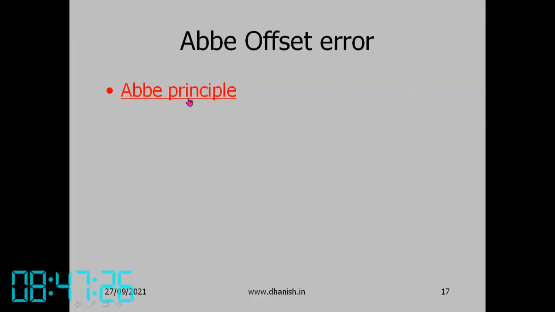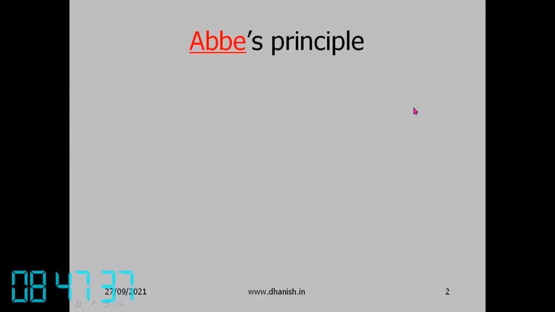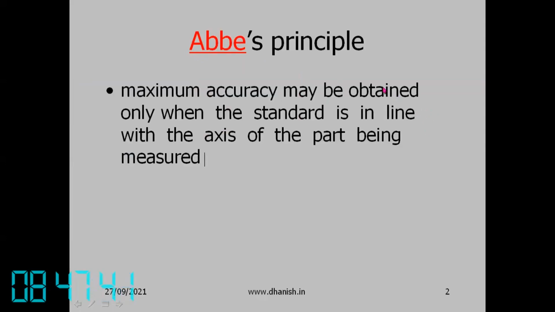So first of all, let us see what is Abbe's principle. This is a principle used for measuring instrument design. According to Abbe's principle, the maximum accuracy may be obtained only when the standard is in line with the axis of the part being measured.